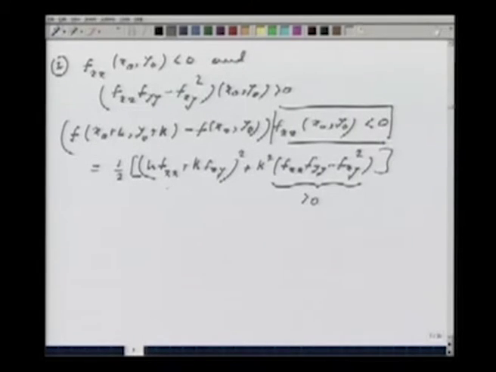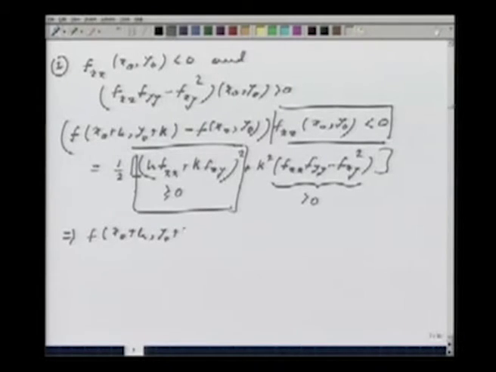Since this is always bigger than or equal to 0, putting together these three facts, what I get is that f(x₀+h, y₀+k) minus f(x₀, y₀) is less than or equal to 0.